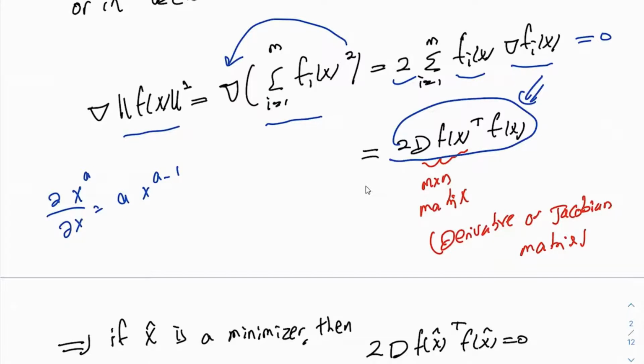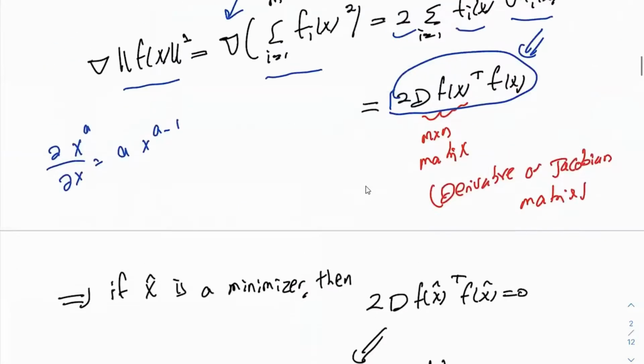D is a derivative matrix or Jacobian matrix. Remember we talked about that in terms of affine and linear transformation, right? D is a derivative or Jacobian matrix, which is m by n. m was the number of equations, n was the number of unknowns, right? This very important condition that I have here, we call it the optimality condition. We'll talk about that right now.